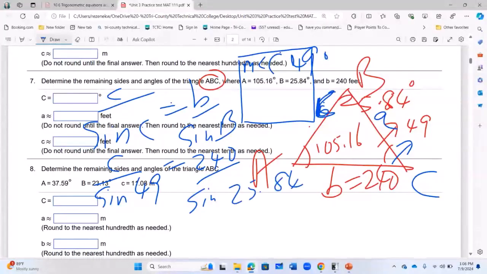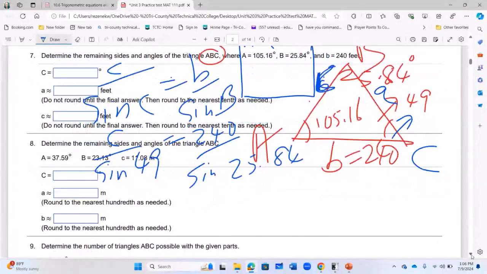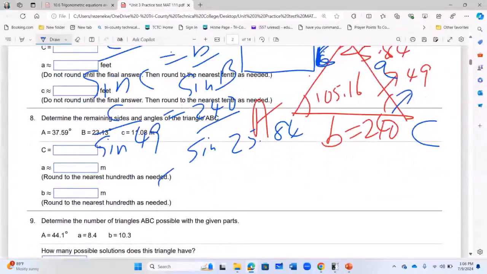Then I will now find the measure of side C. So the measure of side C is equal to 240 multiply sine 49 degrees divided by sine of 25.84.